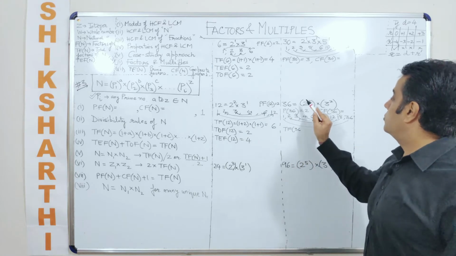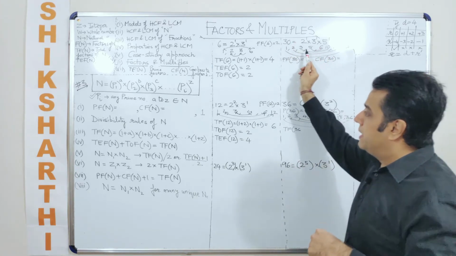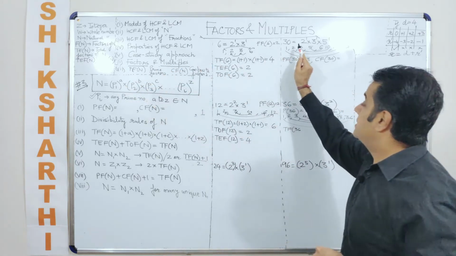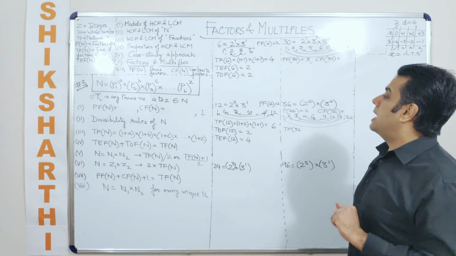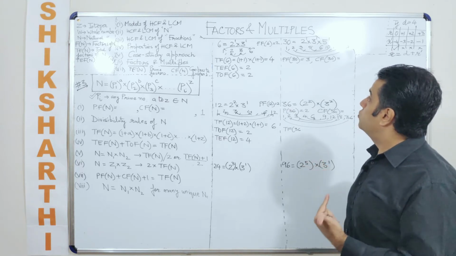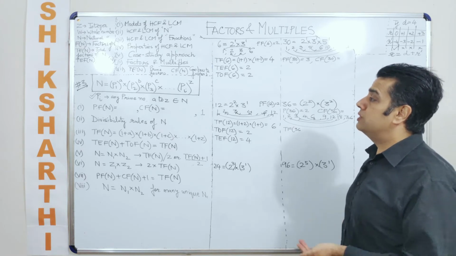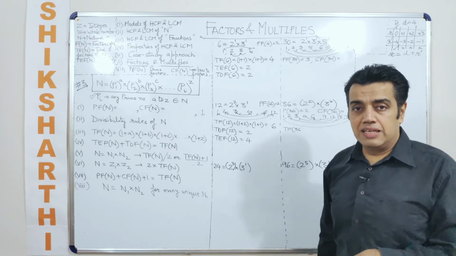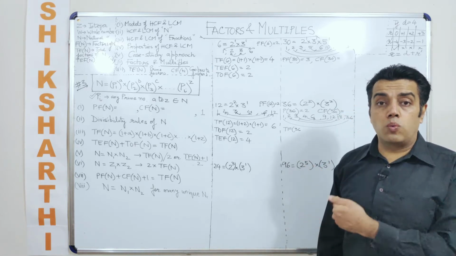Similarly, if I talk about the number 30, the value of n here is 30, right? The value of P1 is 2, the value of A is 1, the value of P2 is 3, the value of B is 1, the value of P3 is 5, and the value of C is 1 again.